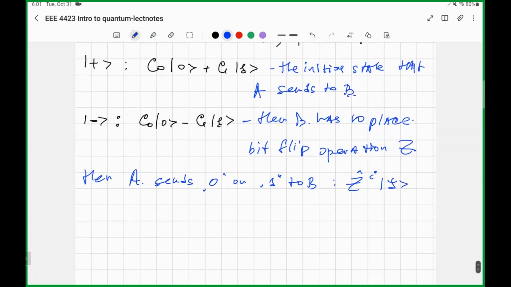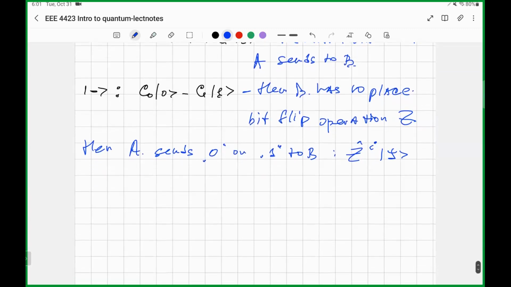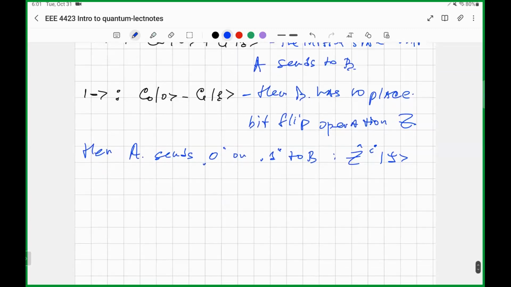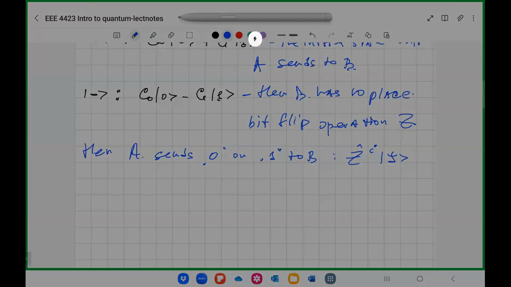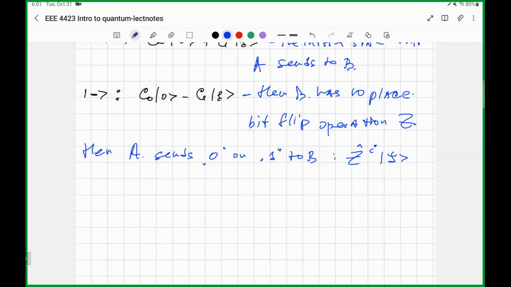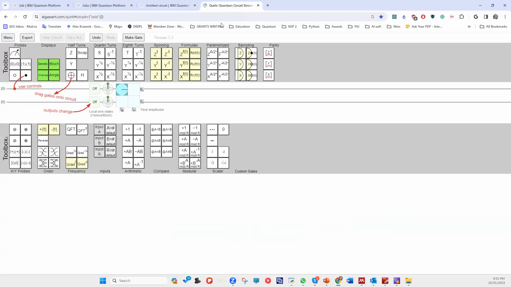All right, so how is it implemented in terms of circuits? In order to implement this in terms of circuits, I suggest that we consider another useful simulator called Quirk.